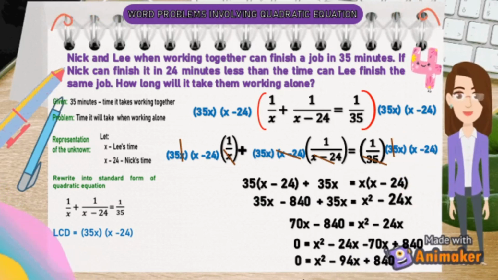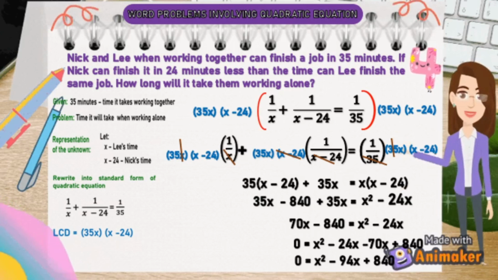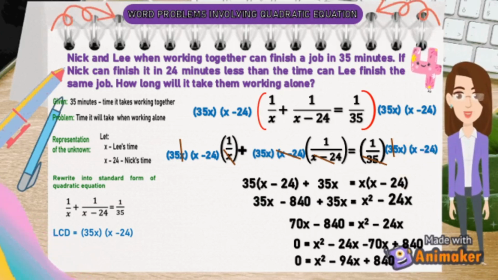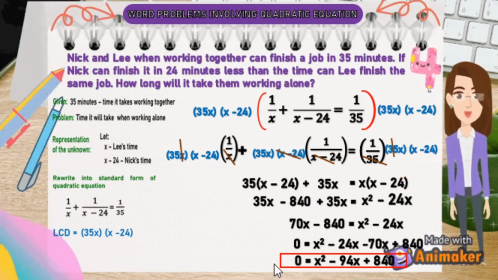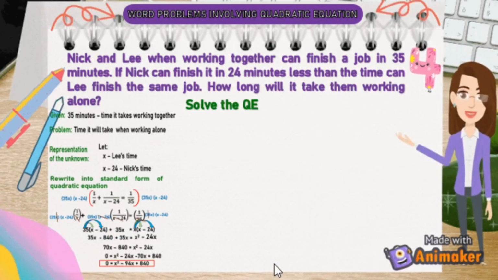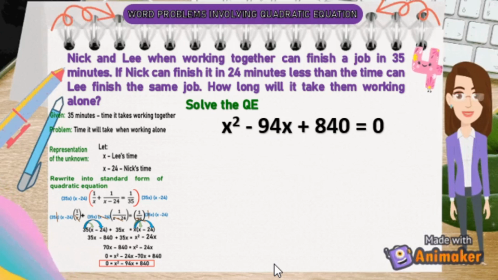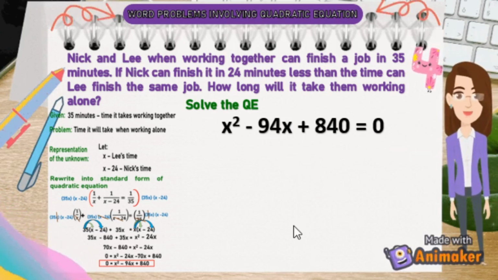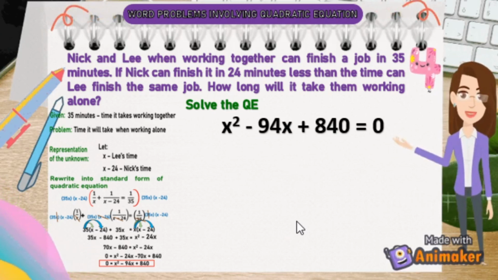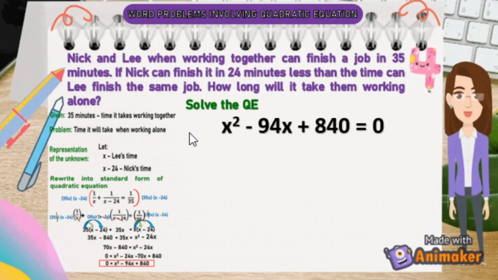So, therefore, magkakaroon tayo ng quadratic equation na x squared minus 94x plus 840 is equal to 0. So, we have to solve the quadratic equation. X squared minus 94x plus 840 is equal to 0 is our obtained quadratic equation from the given problem.